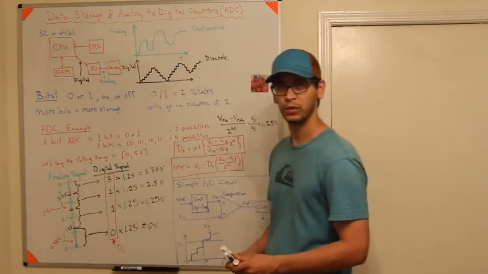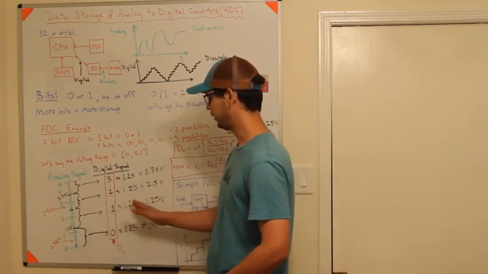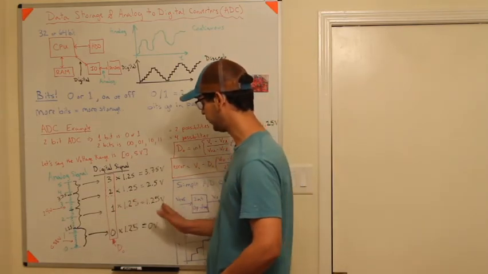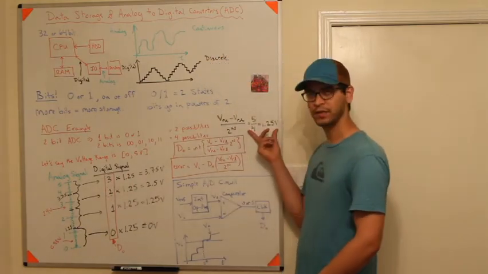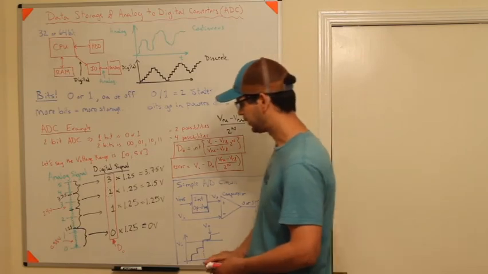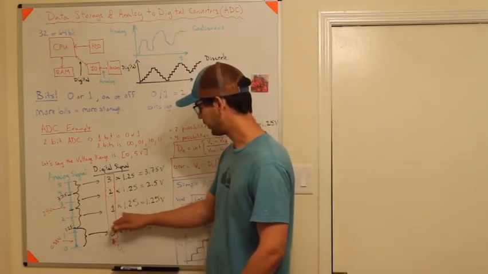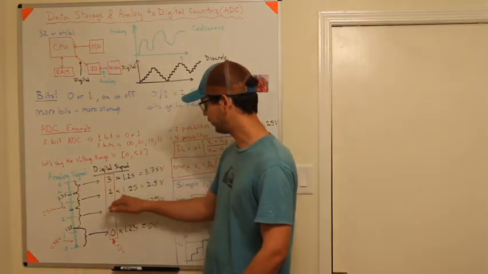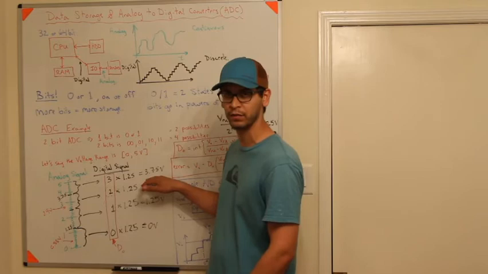Okay? Now, in order to convert your digital output back to voltage, you need to multiply by this discretization. So 0 times 1.25 is 0, 1 times 1.25 is 1.25, 2 times 1.25 is 2.5, 3 times 1.25 is 3.75.